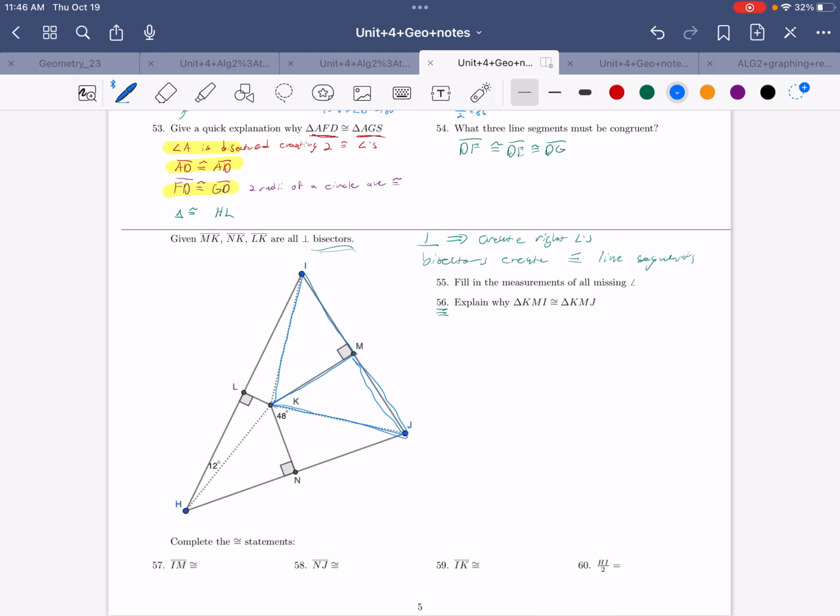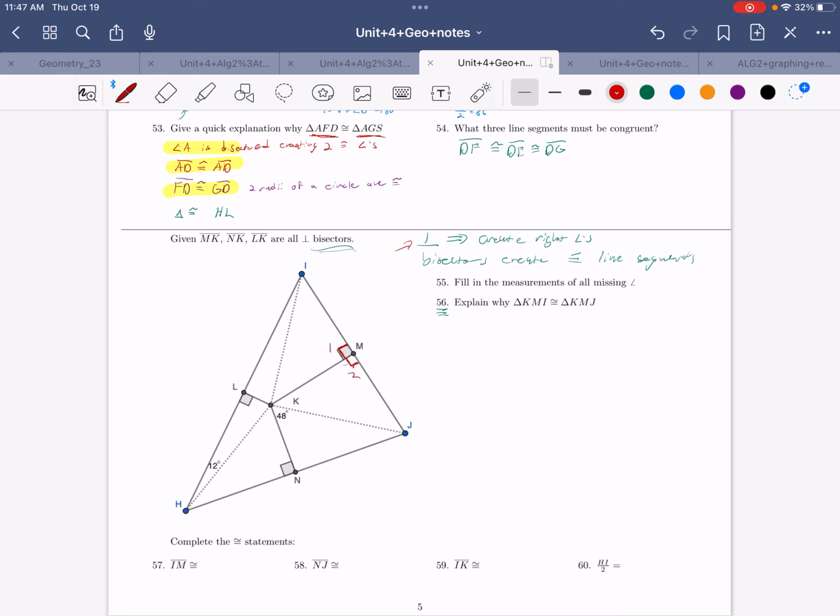Well, let's go through. First thing is we have a perpendicular bisector, right? So perpendicular means this thing is a right angle. That means this is a right angle.